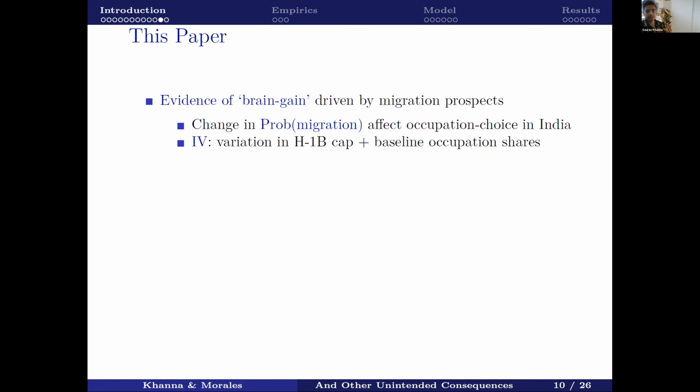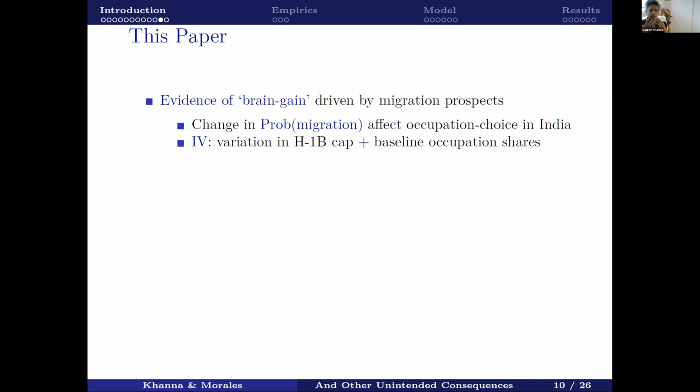But what do we mean by brain gain? Well, the increase in the prospect of migrating to the US and earning a very high wage in the US is what actually incentivized students back home in India to acquire skills, acquire human capital, to be able to migrate to the US, right?